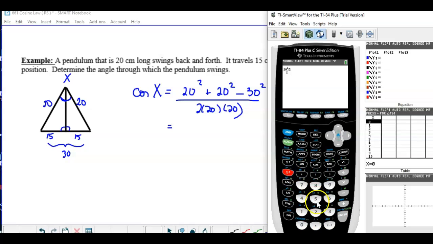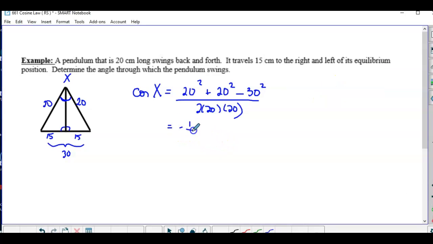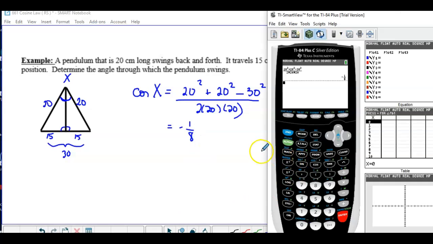So 20 squared plus 20 squared minus 30 squared over then 2 times 20 times 20. Okay, it's kind of interesting when you use that fraction form, the answer you get will be in fraction form. So that's -1/8.